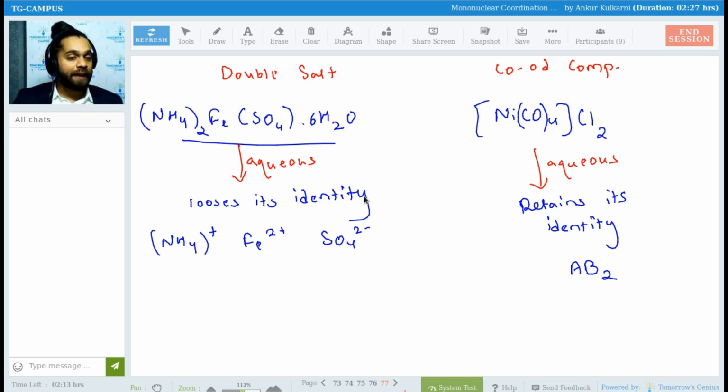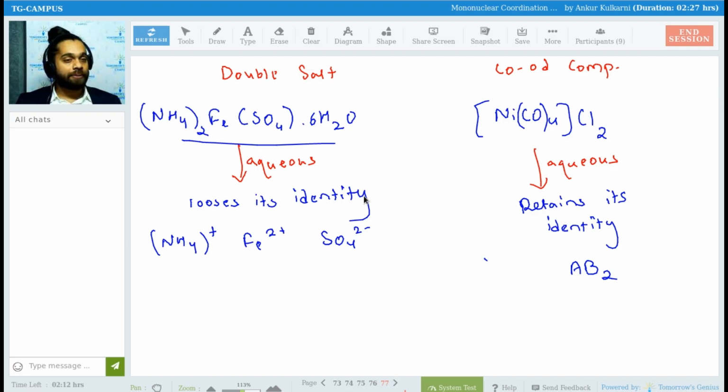Yes, if I have AB2 type of complex, what will be the charge on A?